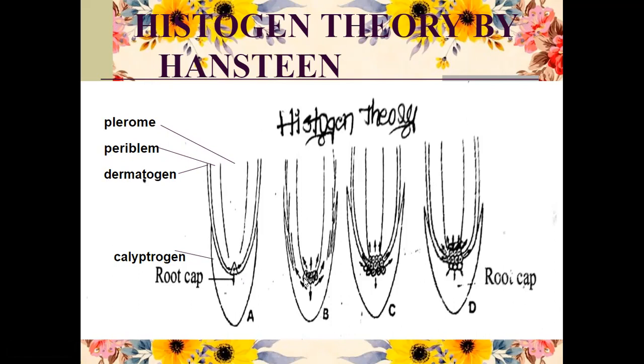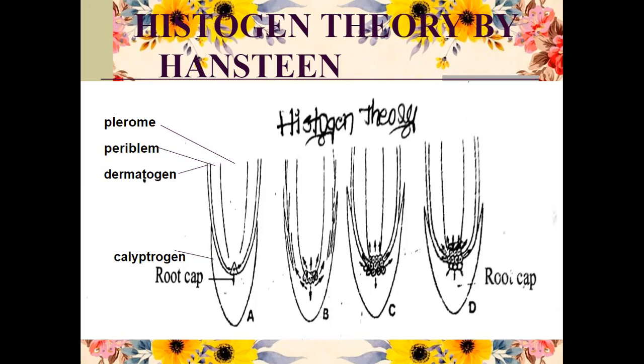And the second plant group is gymnosperms. On the terminal parts of gymnosperm roots, 2 tiers of meristematic tissues, 2 tiers of histogen tissues, are present. The lower tier of histogen tissues participates in periclinal divisions. They develop into the root cap and root epidermis.